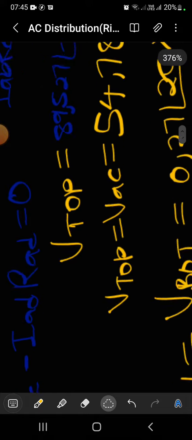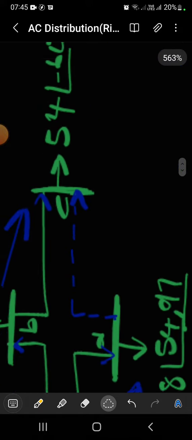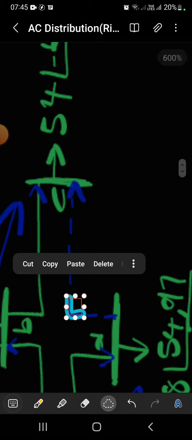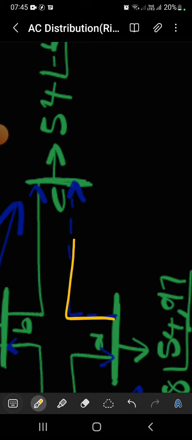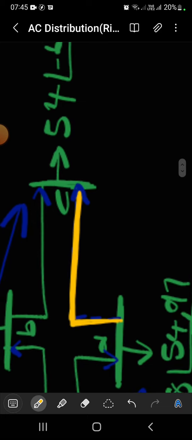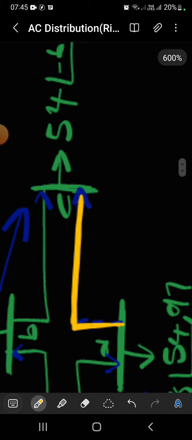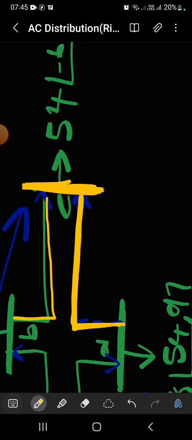So we now decided to put back our distributor and we already got the current there, right? So at bus bar C, we're focusing at bus bar C. Current BC plus current DC is equal to current IC, Kirchhoff's current law.